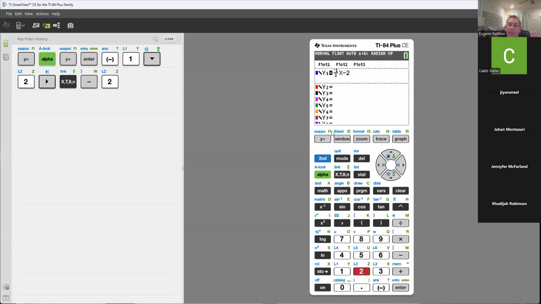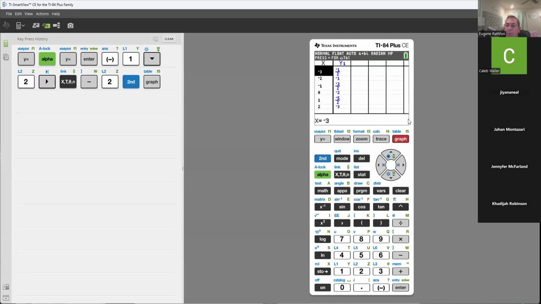All right, y'all. So if I want to see the table of values, I hit second graph over here to the top right. That'll pull up a table. So I pick 0, there's 0, -2. And then I pick 2, so there's 2, -3. So you could use them points. You could use like -2, -1.